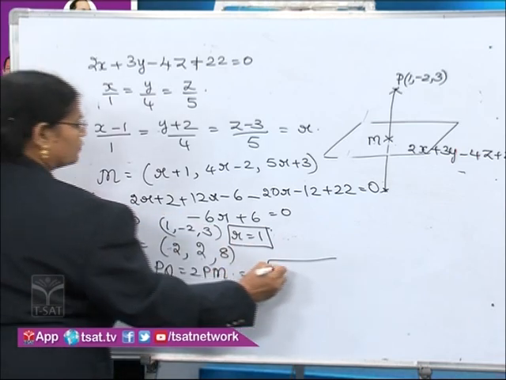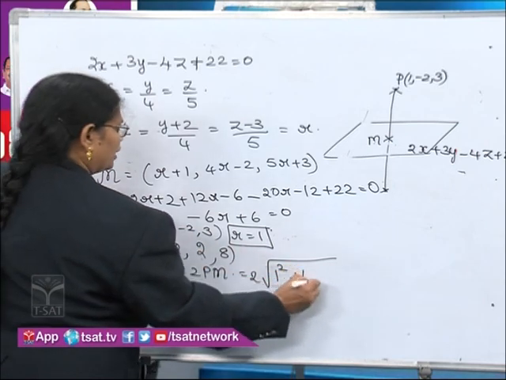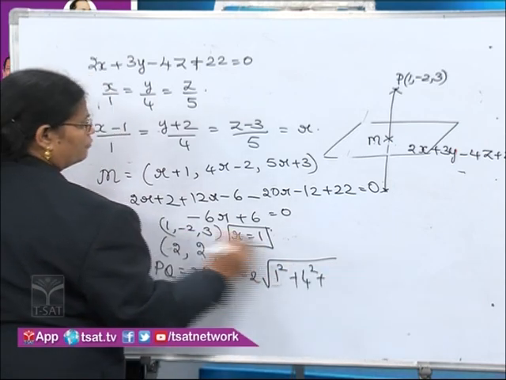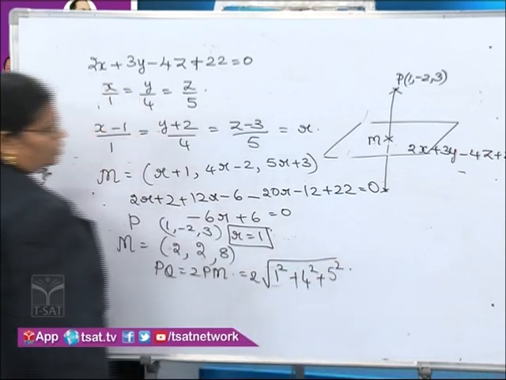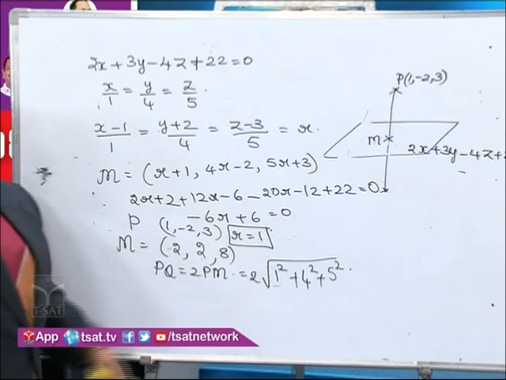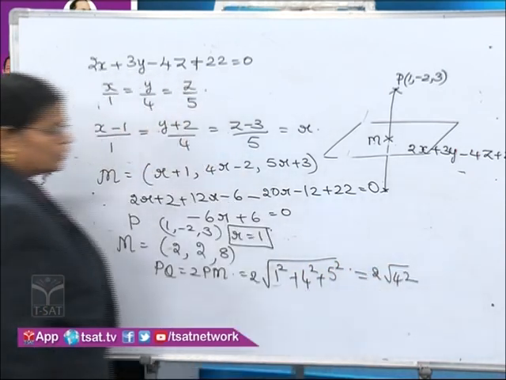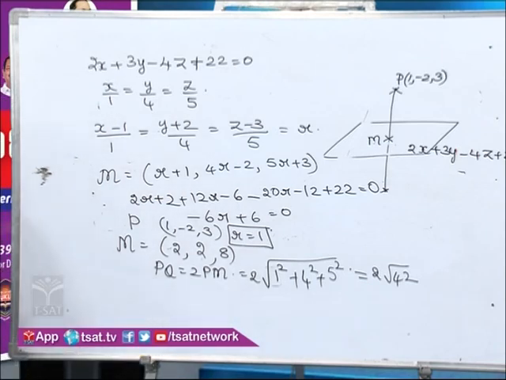So, (2 - 1) whole square, 1 square, (2 + 2) 4 square, (8 - 3) 5 square: 25, 16 and 1. So, this is 2 root 42, the image distance PQ.